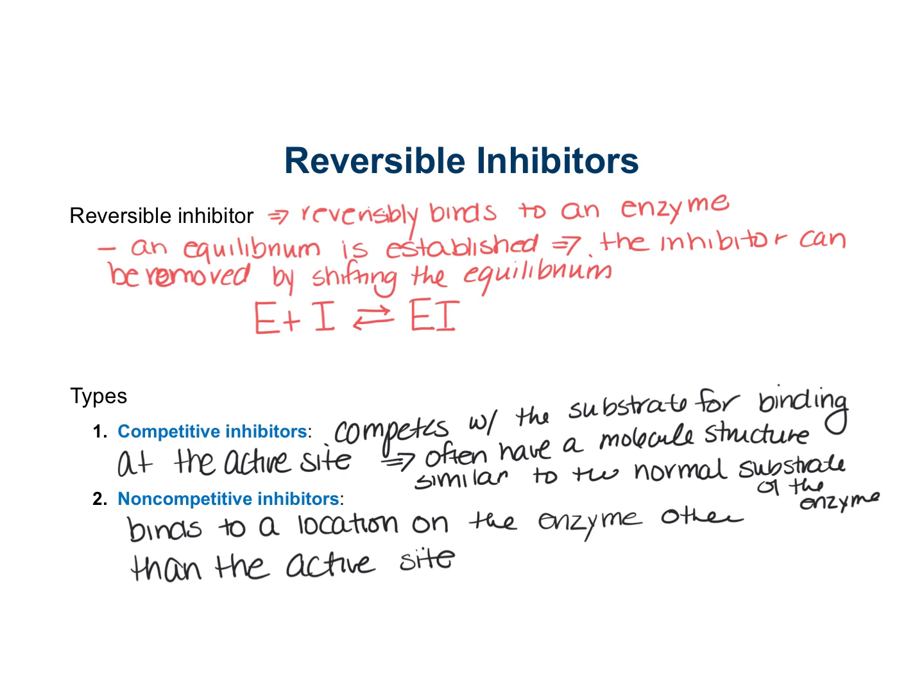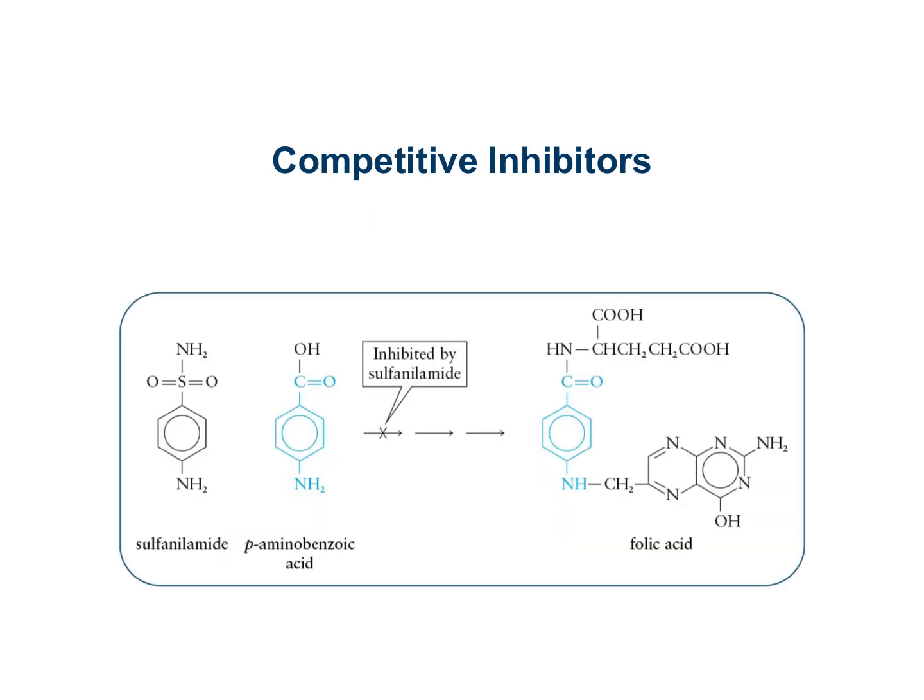So let's look at competitive inhibitors in more detail. A really good example of this is sulfa drugs. This is an example of a competitive inhibitor, and what sulfa drugs do is they take action on bacteria.